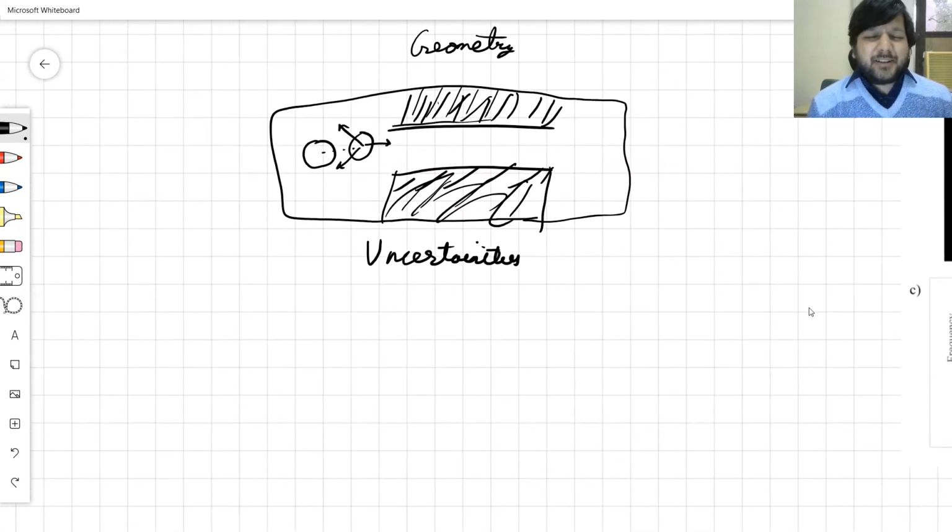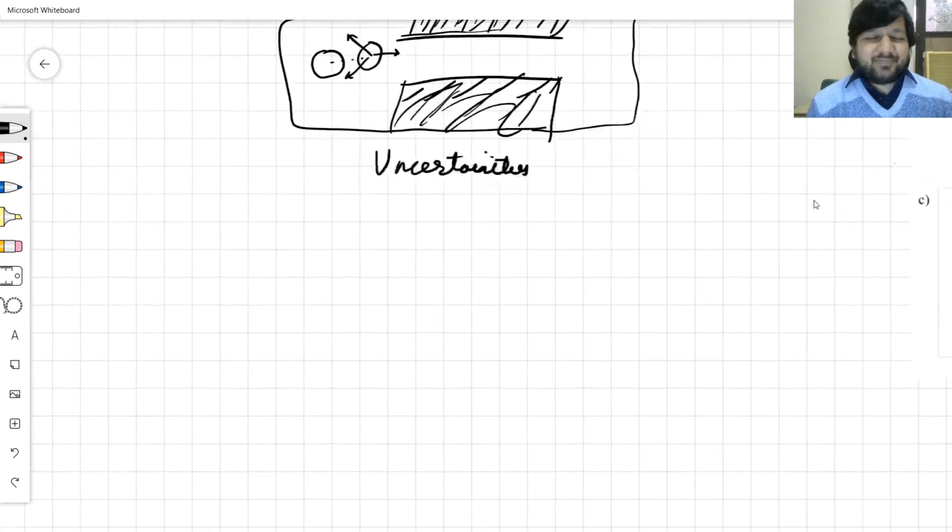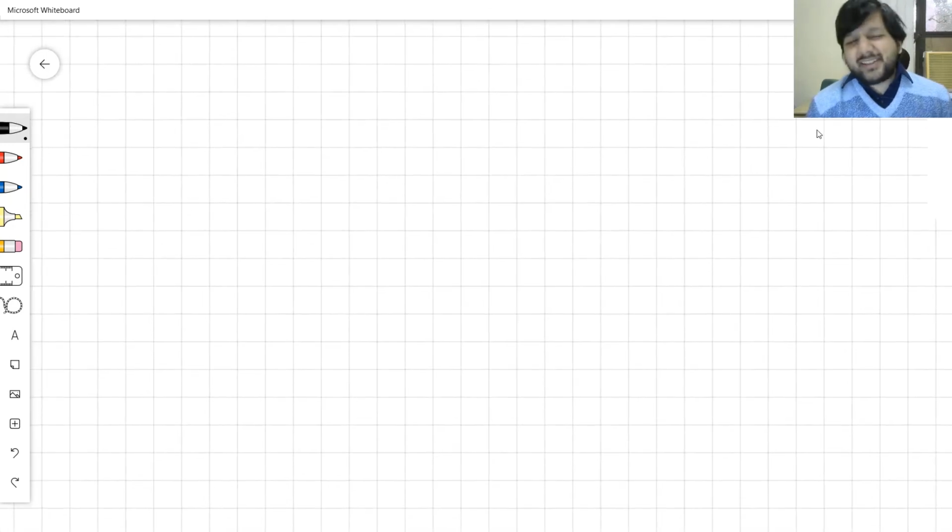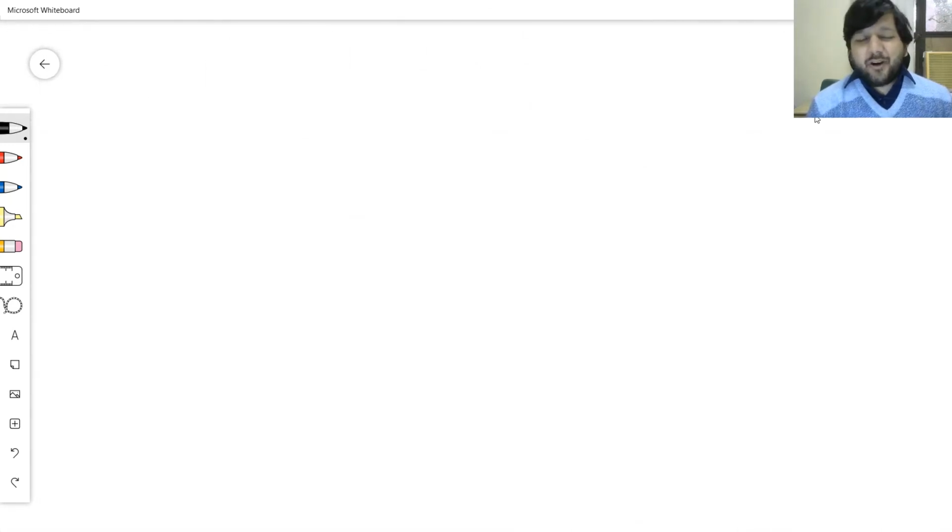So now what we're going to do is take the pros and cons of both. The potential field handles uncertainties very well, but it cannot enter corridors because it has no geometric information about them. Geometry captures all the corridors and places where I have to enter, no matter how congested, very well.